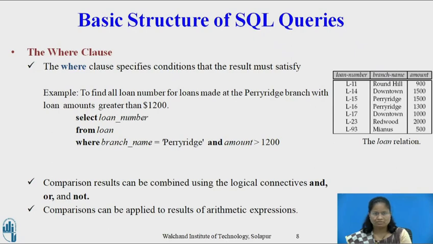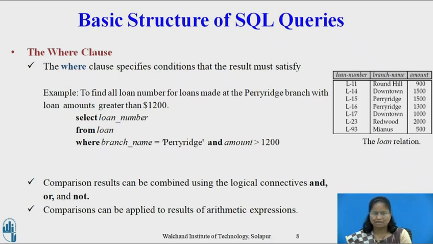The where clause specifies the condition that the result must satisfy. Example, find all loan numbers for loans made at the Perryridge branch with loan amount greater than $1200. So the SQL command is select loan-number from loan where branch-name equals Perryridge and amount greater than 1200.